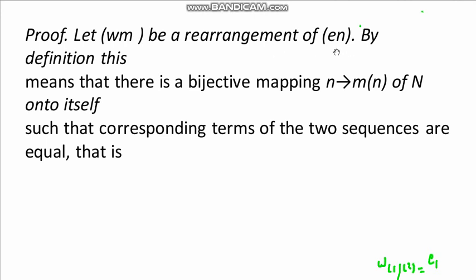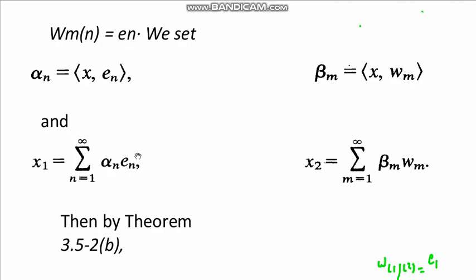According to our supposition, we have rearranged E_n with W_m, and by definition this means that there was a bijective mapping from the set of natural numbers onto the set of natural numbers, and by definition of this mapping there were two sequences, and these are those two sequences.